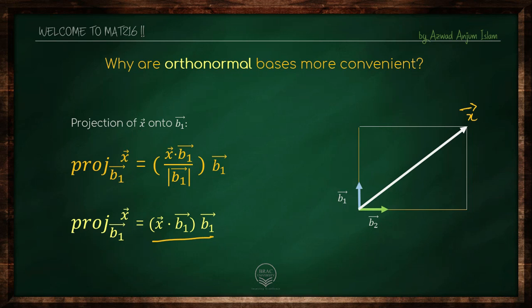Alright, so I think by now you are clear about what is the basis of a space, what is an orthogonal basis, when we can call a basis orthogonal, also when we can call a basis orthonormal. I hope you are clear about that at this point.